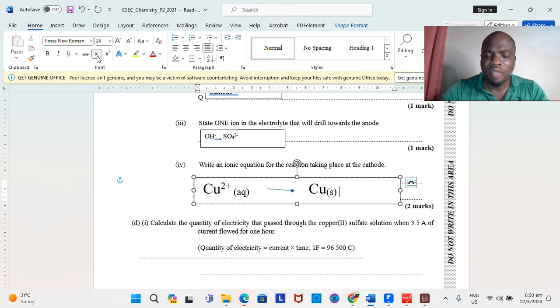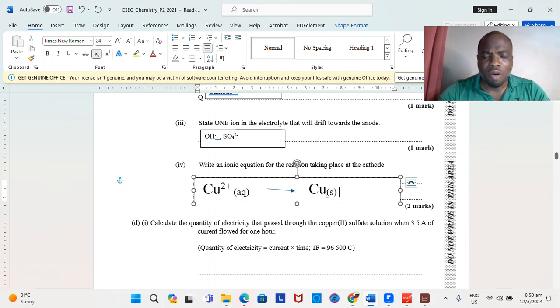You subtract the initial from the final to get the mass of the copper that was deposited. That's a way of doing it, right? So this copper is really moving from the copper ions to the copper atom.